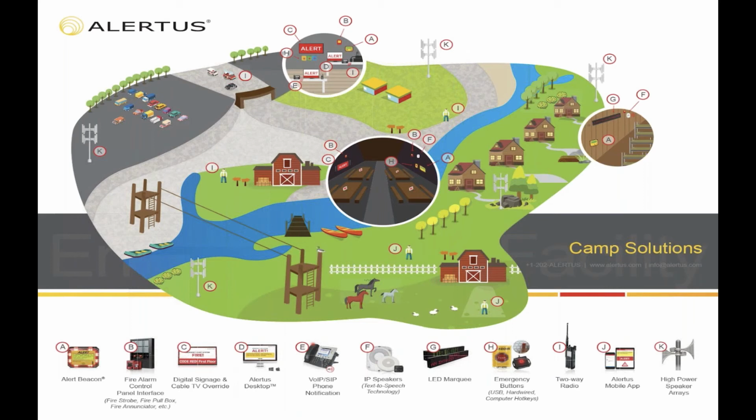We do work with different access control companies, security camera companies, as well as fire alarm panels. So we have a universal system and a lot of compatibility with many systems. If there's a system in mind, please let us know. We're happy to dive a little deeper into that integration, as we do have different APIs and different ways we can connect with different systems.